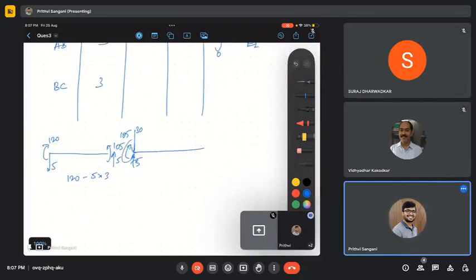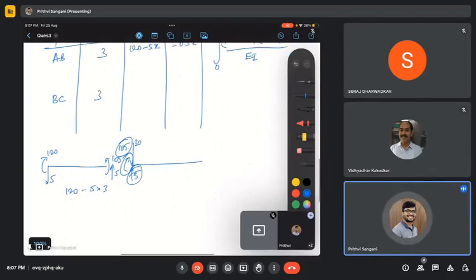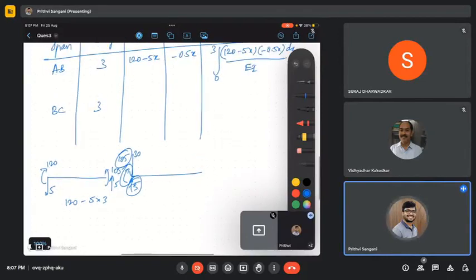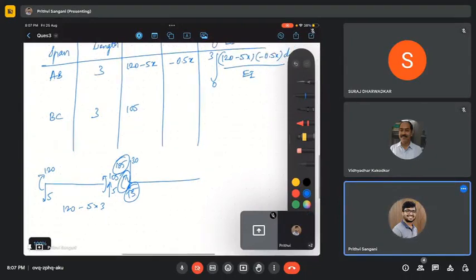This is sagging, right? 105 sagging, minus 30 downwards and 5 upwards, so we have minus 25x.